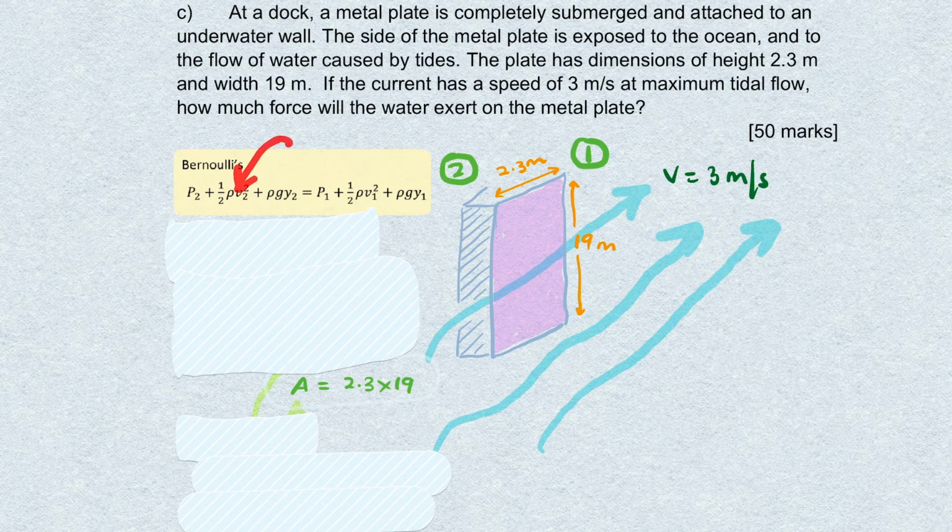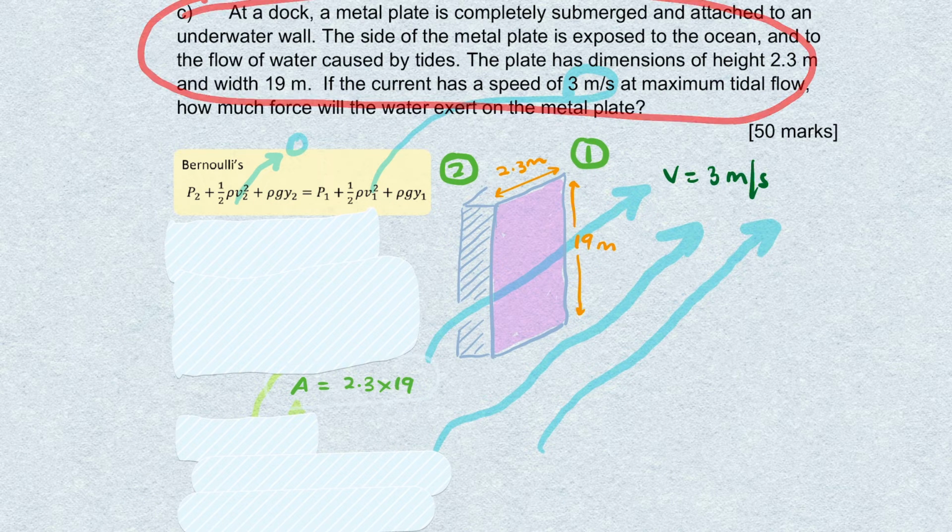So this V, which is the velocity of the water, would be 0 on one side, and on the other side, it would be 3. Now this rho g y depends on the depth of the water, and here we haven't been given the depth.